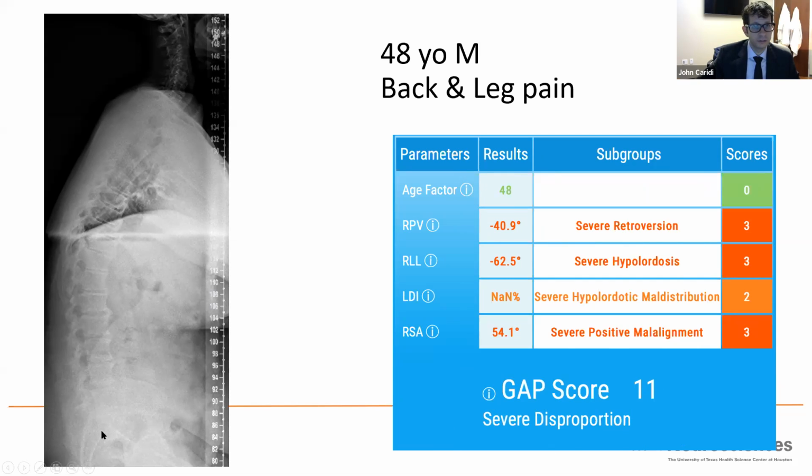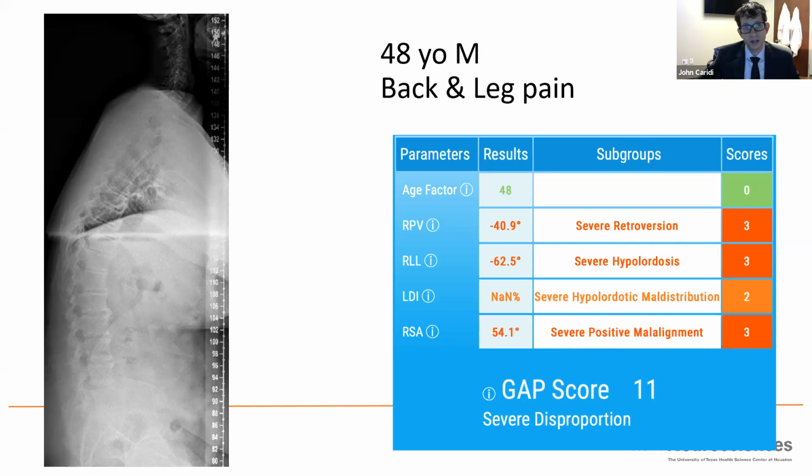He's got a severe flat back. He's got very pronounced sagittal malalignment. His SVA is very positive. You look at his pelvis, his sacrum is parallel to the floor. His acetabulum is way out in front of his sacrum. So he is very much retroverting his pelvis.